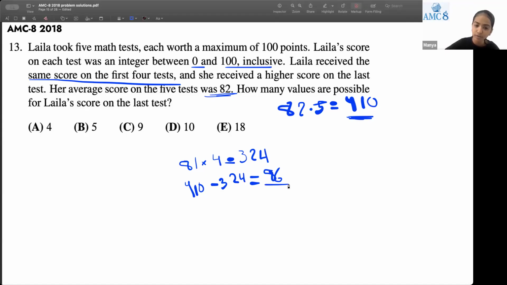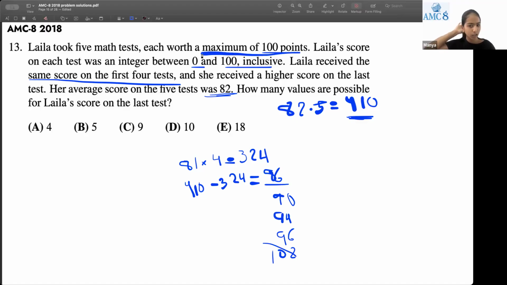Then if we keep decreasing, if she got 80 on each of her first tests, then we would get 90 on her 5th test, and then 94, and then 98, and then we cannot get 102, because they already told us that there is a maximum of 100 points.